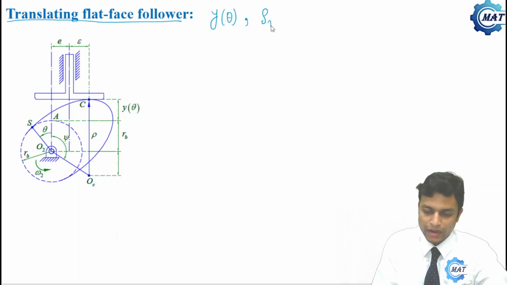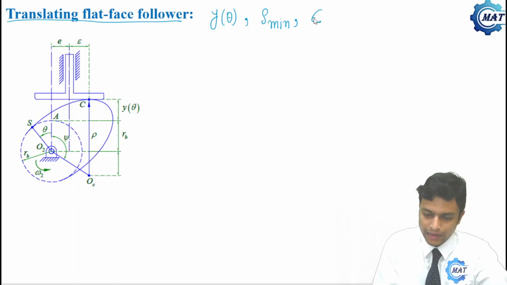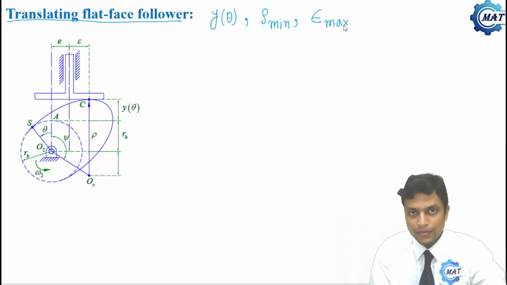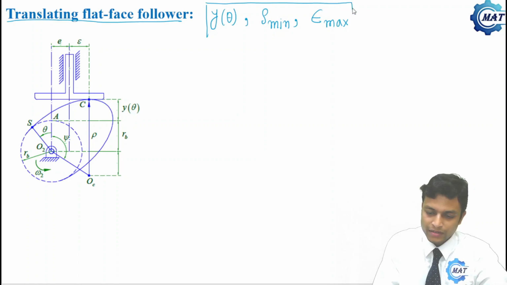So rho min, that is the minimum radius of curvature of the cam profile, is also given, and epsilon max, that is the maximum eccentricity of the driving effort. These three parameters are prescribed or given.